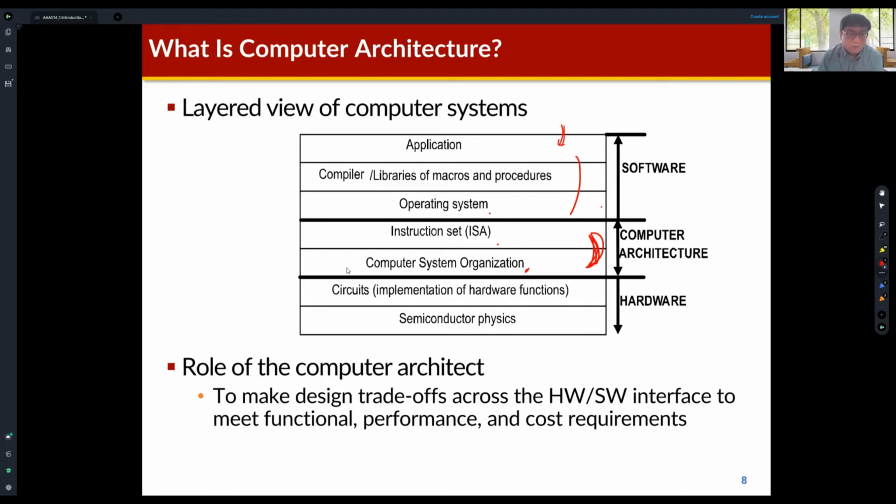Recently our area is expanding. Sometimes we focus on operating systems, and also on security issues. We even focus on some very weird topics such as quantum computers, at the physics level.